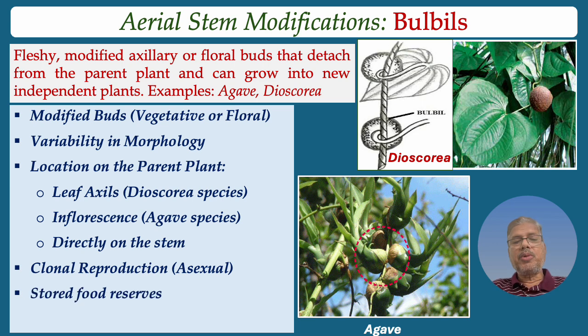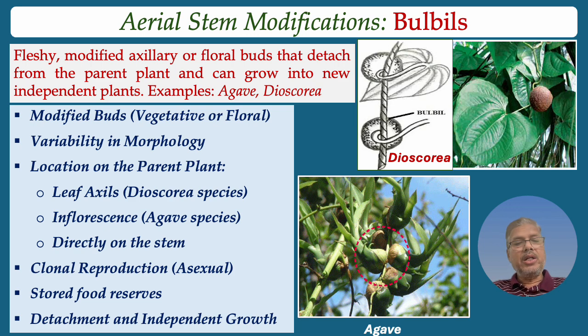Like other vegetative propagules, bulbils contain stored food reserves which provide the energy necessary for the new plant to establish itself once it detaches and germinates. Upon reaching maturity, bulbils naturally detach from the parent plant. When they fall onto suitable ground, they can root and grow into a new independent plant.